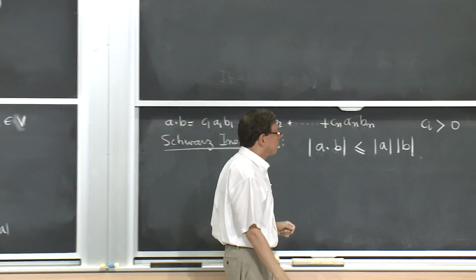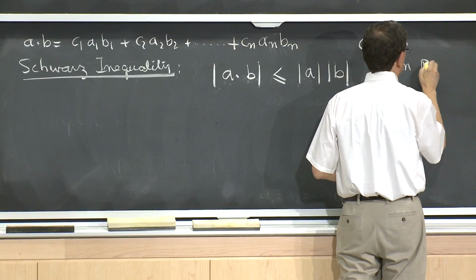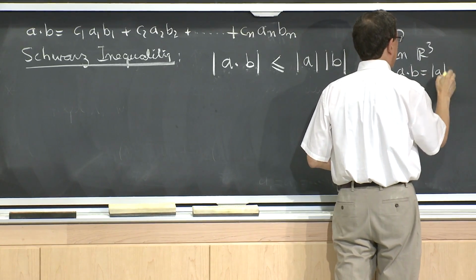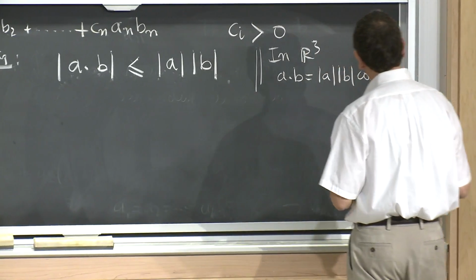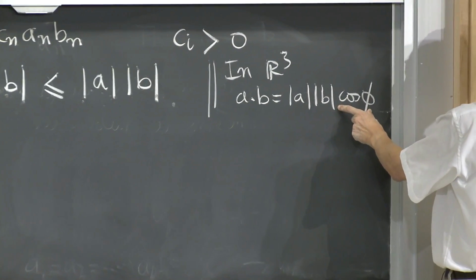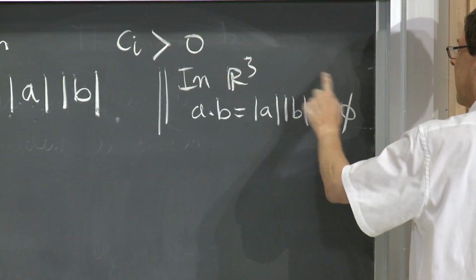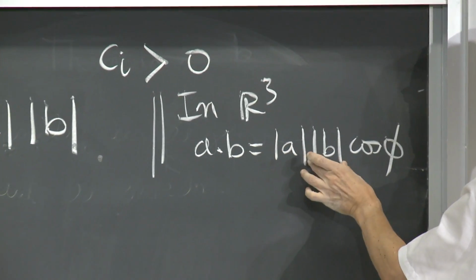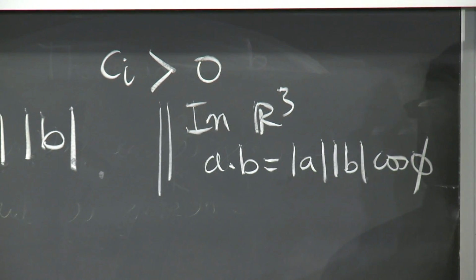So in R3, for example, you know that A dot B is the length of A, the length of B times cosine phi. So since cosine phi is less than or equal to 1, the magnitude of this number is less than the magnitude of A times B. And that's the statement of the Schwarz inequality.